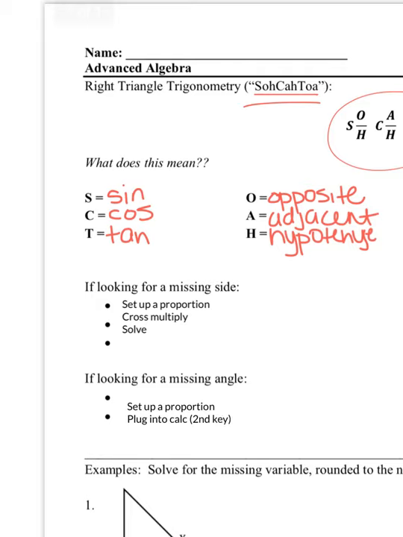I don't know if your geometry teacher said this or not. I know some of them do. If you're looking for the degree, you hit the second key. They have a little rhyme that they use a lot of the time. It's also important that your calculators are in degree mode, not radian mode.